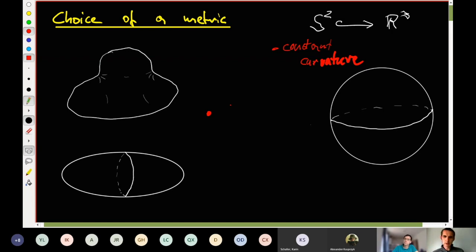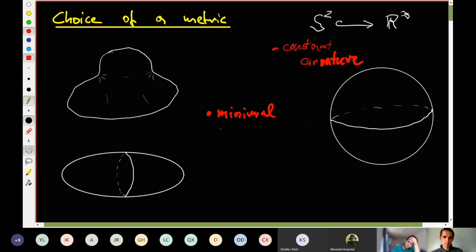And as it turns out, among all the metrics, the metric of the round sphere minimizes the surface volume, or maybe surface area, but I'm going to call it volume anyway.